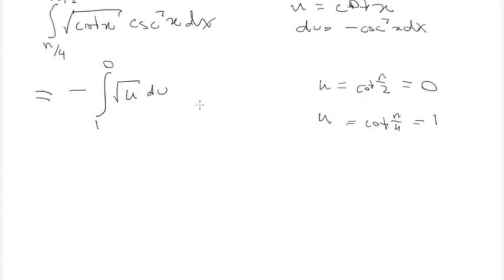Now, technically there are two ways we can go right here. We could just solve this indefinite integral straight away and keep it in terms of u and plug in these limits for the antiderivative in terms of u. Or we could solve the antiderivative in terms of u, put it back in terms of x, put the limits back in terms of x, and then go from there. The second way that I just described would be long.